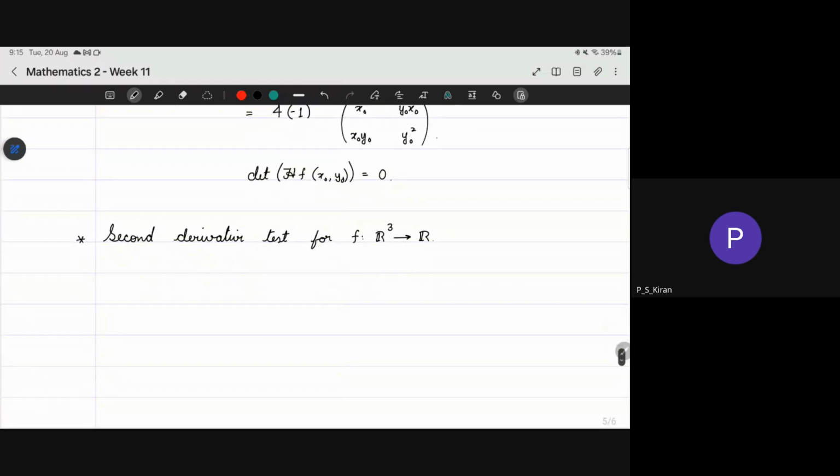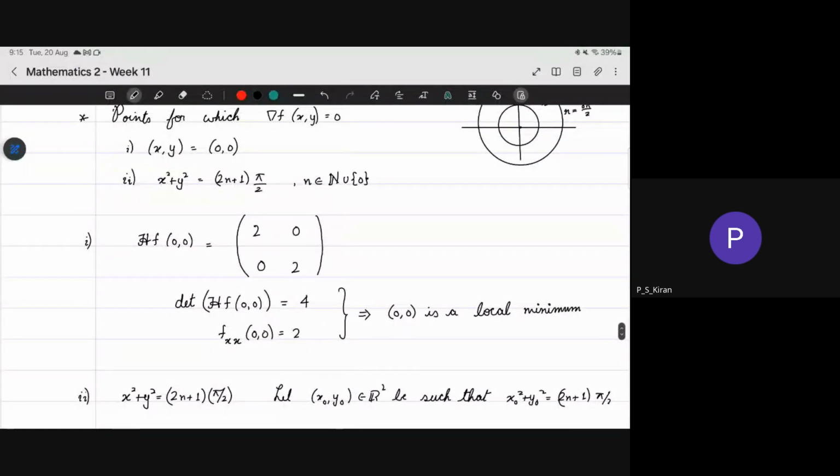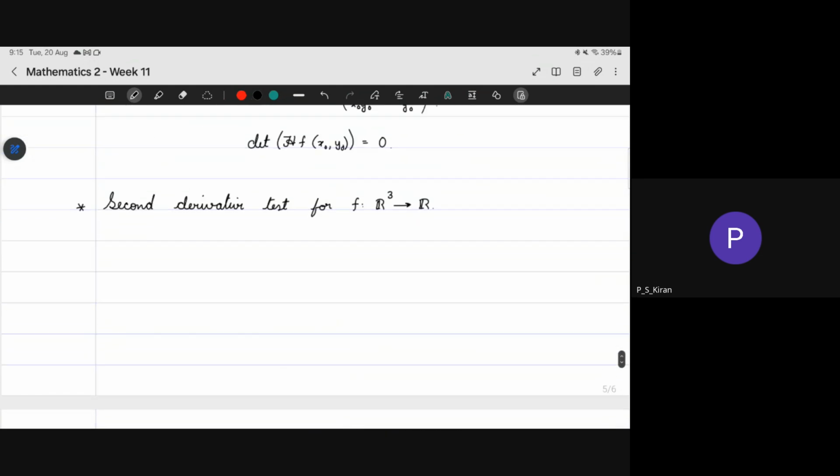Now the same conditions, all the regularity conditions, will be assumed. You have a function defined on a domain. A is a critical point. First and second order partial derivatives exist and are continuous. All of these things I'm not going to write down. In R3, I keep saying R3, but this is valid on any domain in R3 also. A in R3 is a point where f satisfies all those conditions.